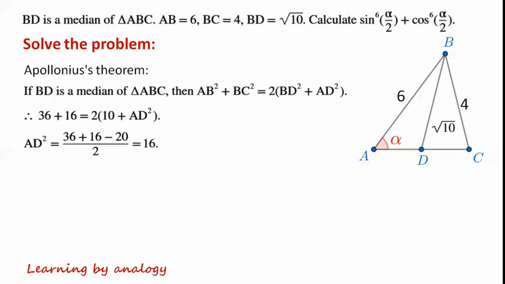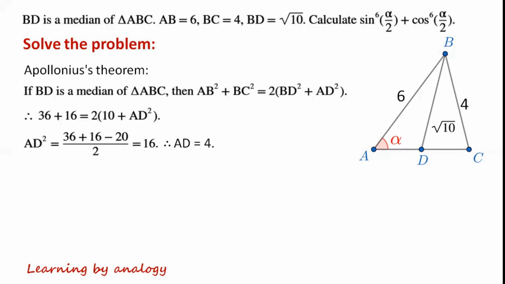By rearranging the equation, we have AD squared equals (36 plus 16 minus 20) over 2, which is equal to 16. So AD equals 4.